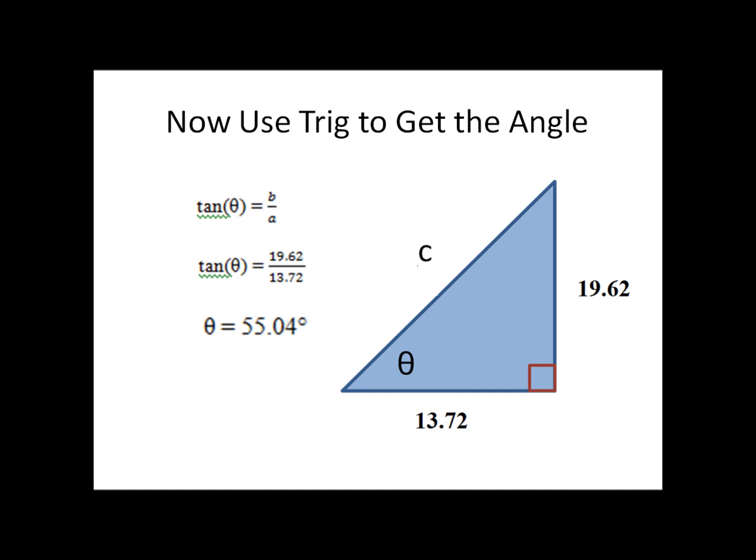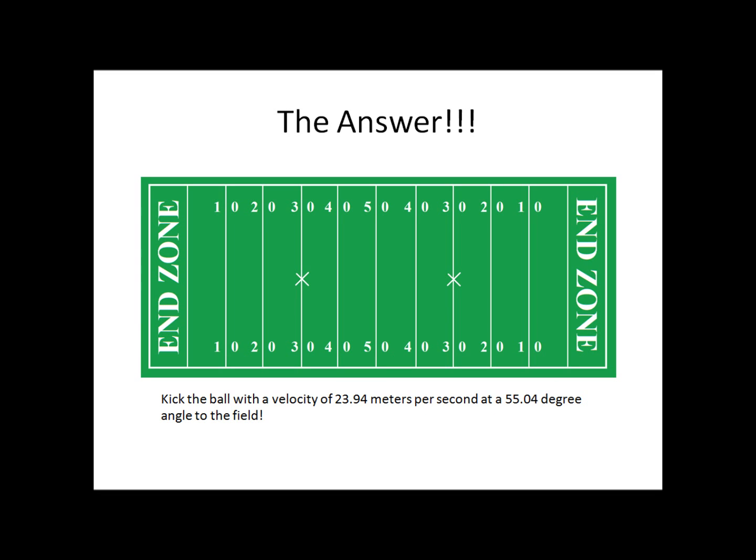If we do the inverse tangent of that fraction, we will get 55.04 degrees. So the answer, we have to kick the ball with a velocity of 23.94 meters per second and a 55.04 degree angle to the field.